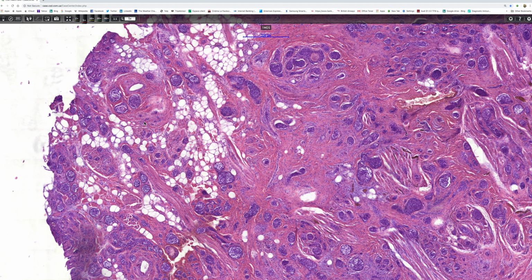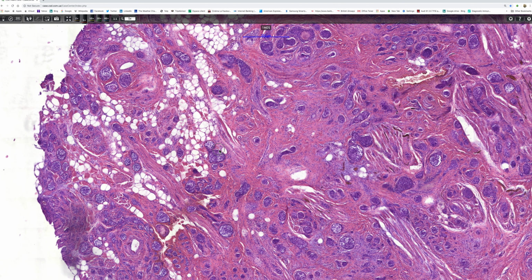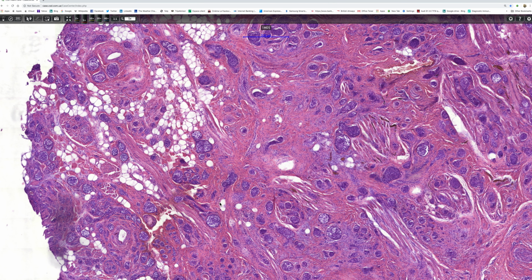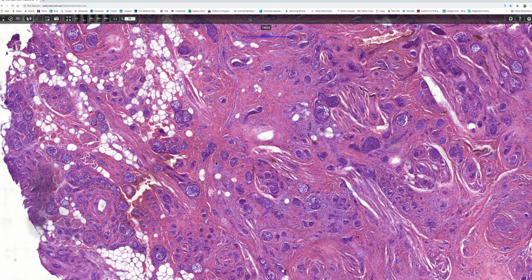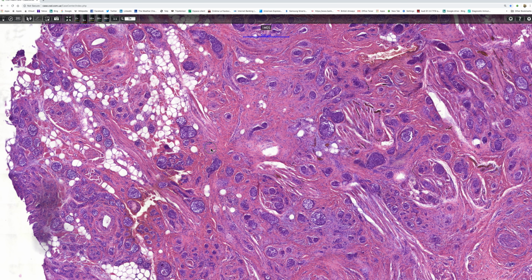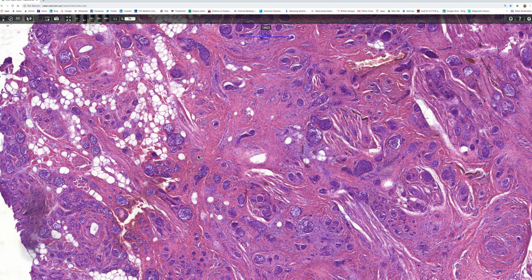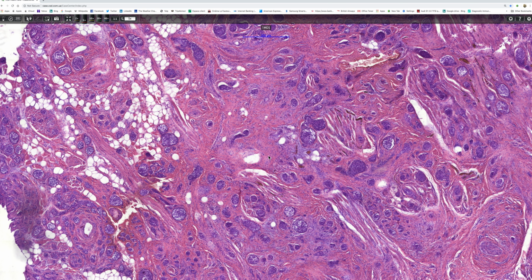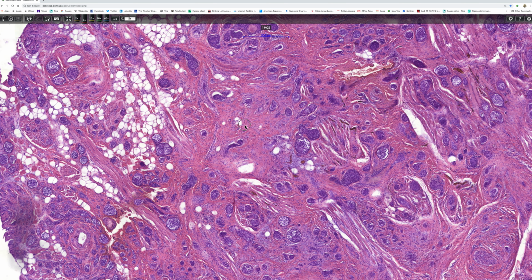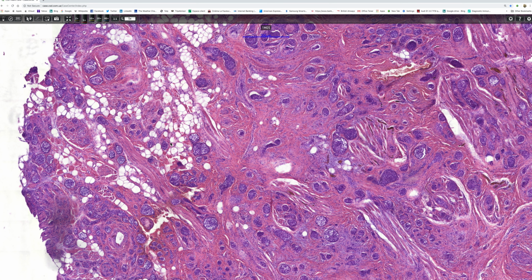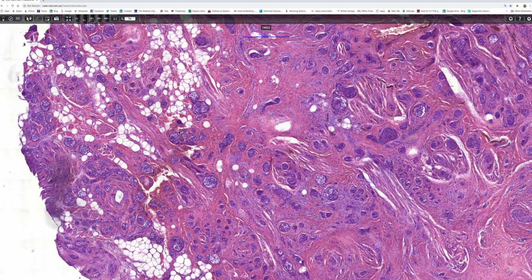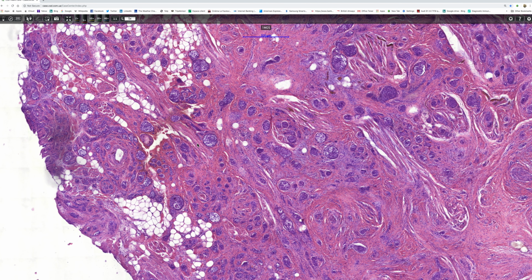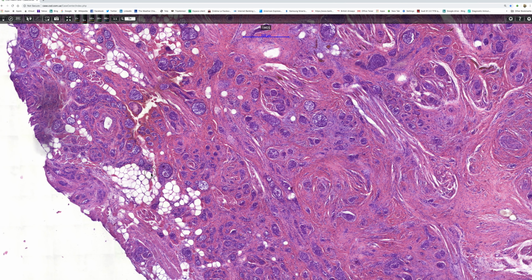So to summarize, we have a tumor composed of solid nodules of cells that are accompanied by a very dense fibrous stroma. The tumor is invading fat. It's also extending and going through muscle.